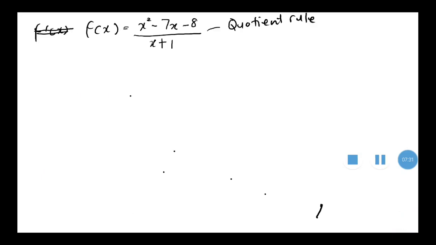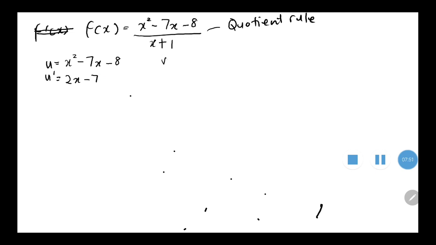So to use quotient rule, u here should be x squared minus 7x minus 8. u prime is 2x minus 7.